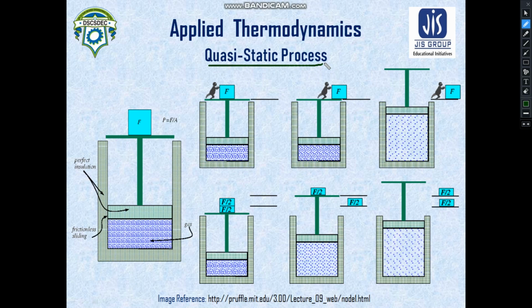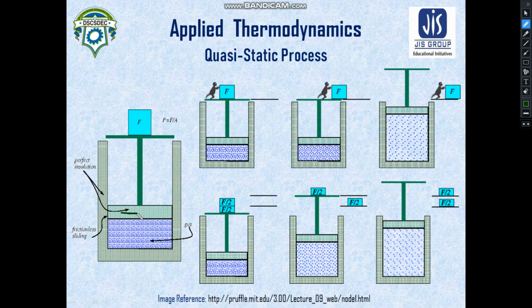Now, what do we mean by the word quasi? The word quasi means almost. So we are referring to a process which is almost static. Now I'll show you how this is possible. From the diagram, let us understand some facts.